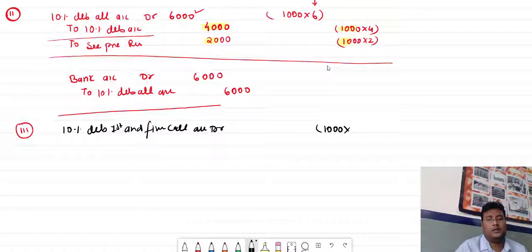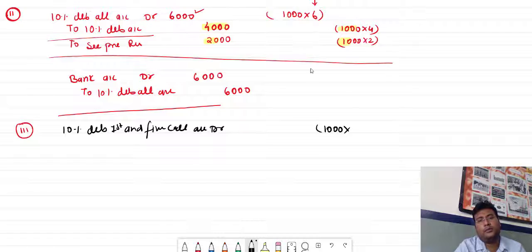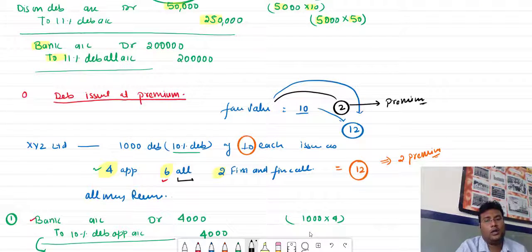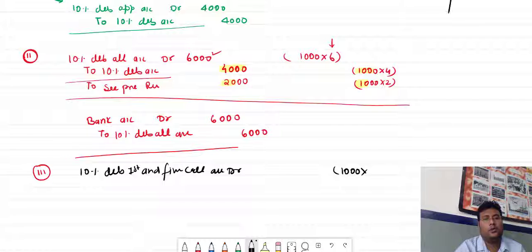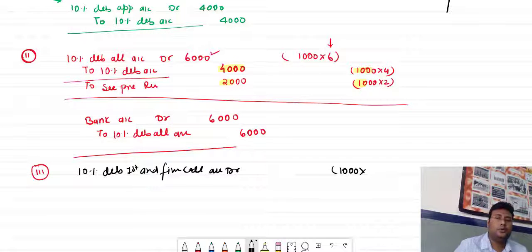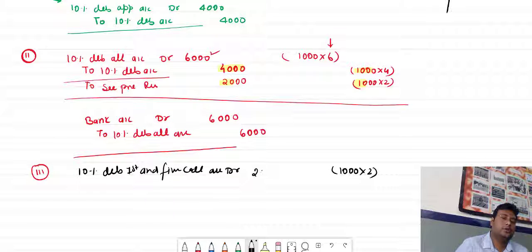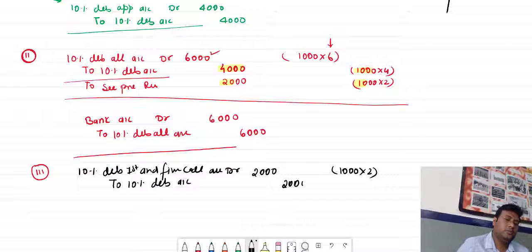And on the first and final call, what amount did we demand? We called up 2 rupees. So 1000 into 2 is equal to 2000, to 10% debenture account, which is again 2000.